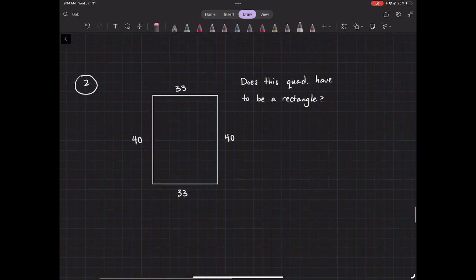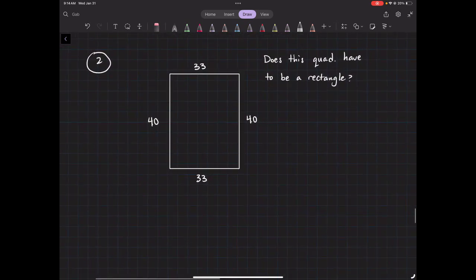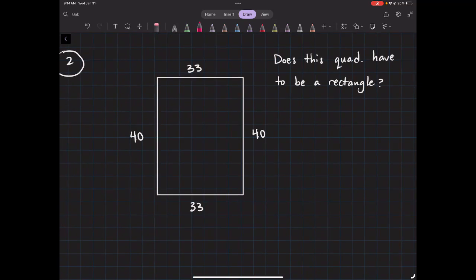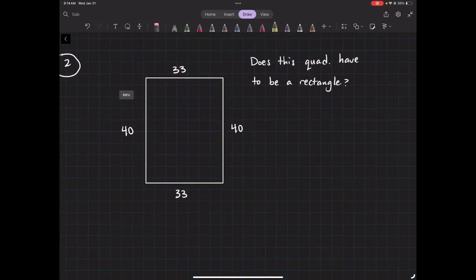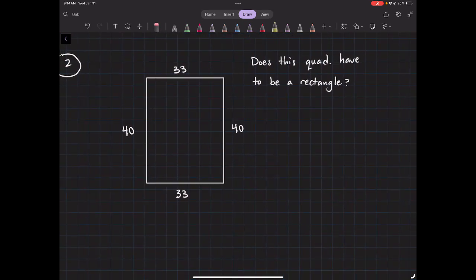Over here, does this have to be a rectangle, with whatever's given to you and drawn like that? I'm just pausing to see if you got something. But the answer is no. Not necessarily, because I don't know anything about the angles.